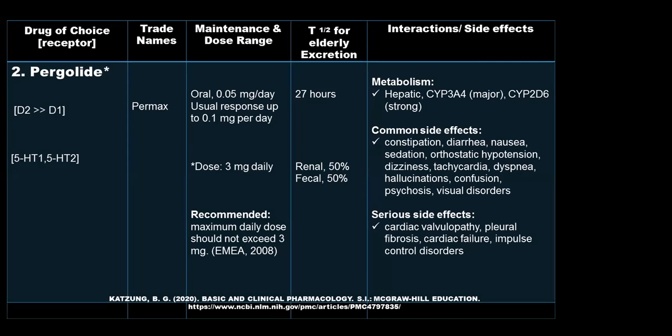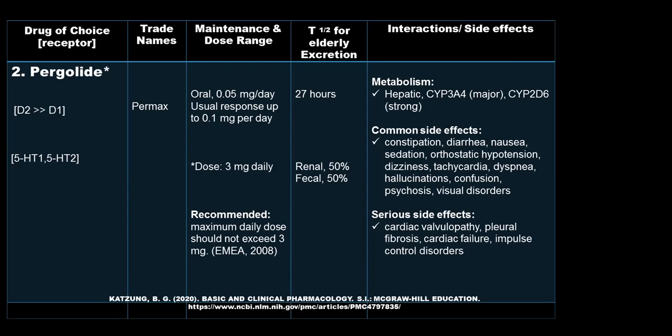Pergolide acts as an agonist of the D2 and the D1 dopamine and the 5-HT1 and the 5-HT2 families of serotonin receptors. It has been used as an efficacious and well-tolerated monotherapy for the early Parkinson's disease. The recommended maximum daily dose should not exceed 3 milligrams.